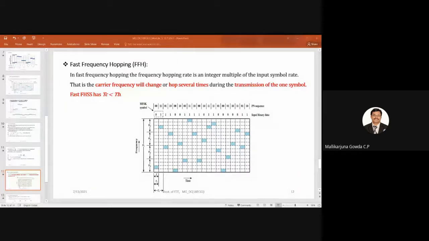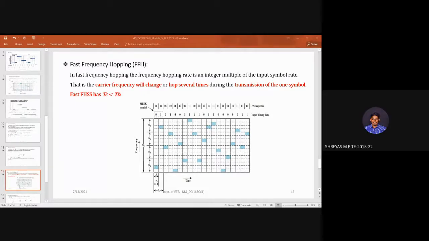And this one is FC3, okay? For 0, 1, I said this is 0, 0, 0, 1, 1, 0, and 1, 1. So with respect to that, it is occupying this frequency, that is FC0. The same symbol will be hopping to another frequency, FC3.